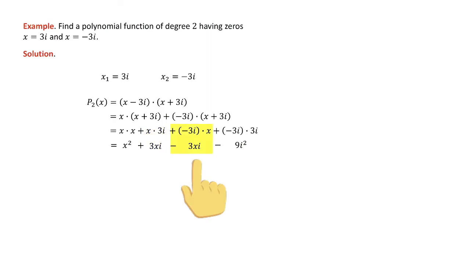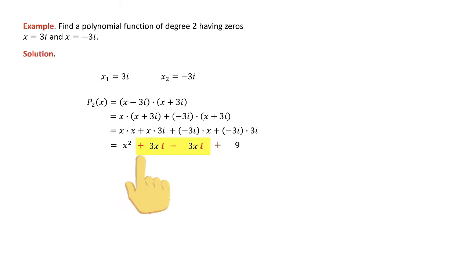minus 3xi, and notice i squared pops up. Remember from complex numbers, i squared is minus 1. So I get a plus 9 there.